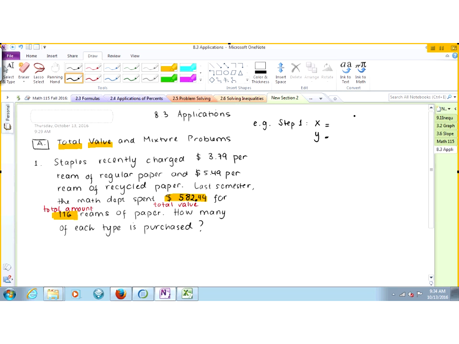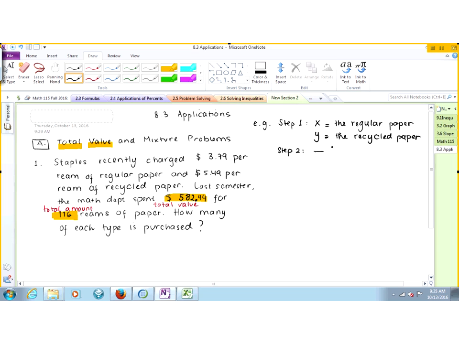This is where we define the variable. What is X equal to? The amount of regular paper. How about Y? The amount of recycled paper. So you have to define the variables, give the definitions.